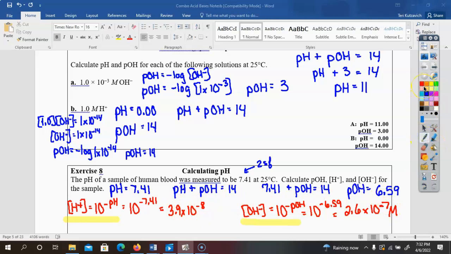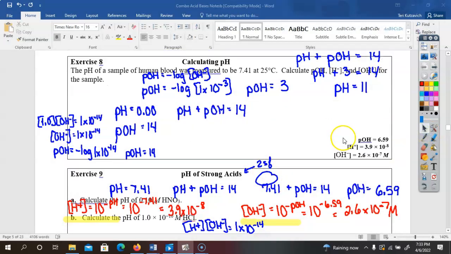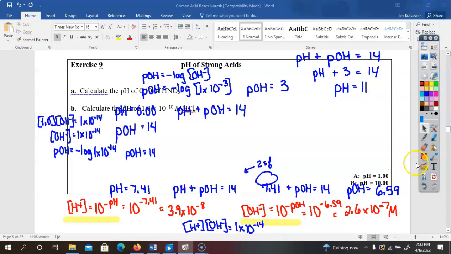Did you have to do it that way? Nope. If you found your H plus, you could have also done H plus times OH minus equals 1 times 10 to the negative 14th, because it said it was at 25 degrees Celsius, and you could have solved for that.